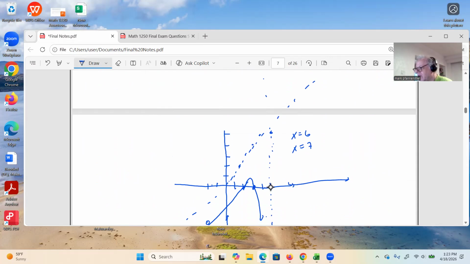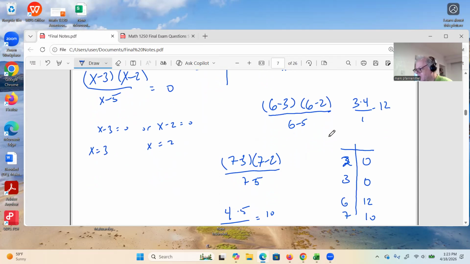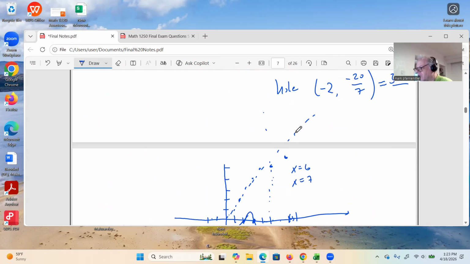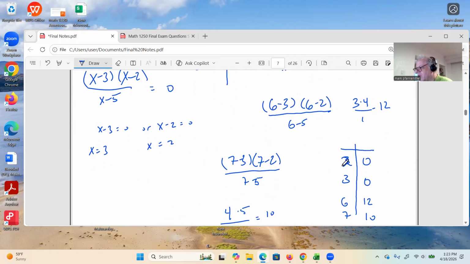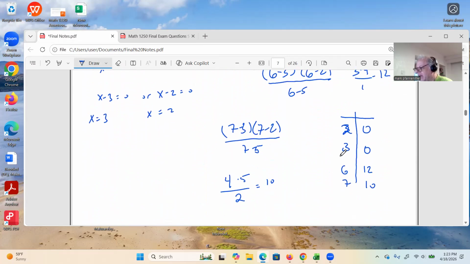Oh, here it is. This is why. So 3, 4, 5. 1, 2, 3, 4, 5. This was 6 and 7. So we're going to be here. And by the way, when x is equal to 6, this asymptote is also going to be y is going to be 6. So when I'm looking at my values here, we are 12 and 10.